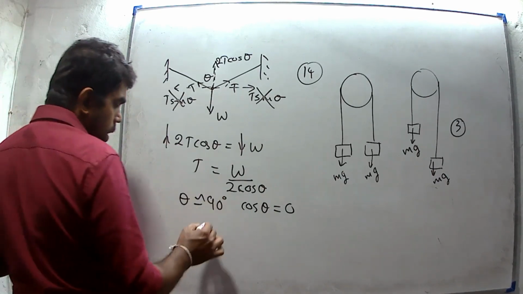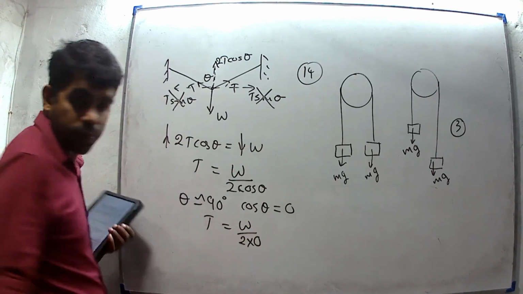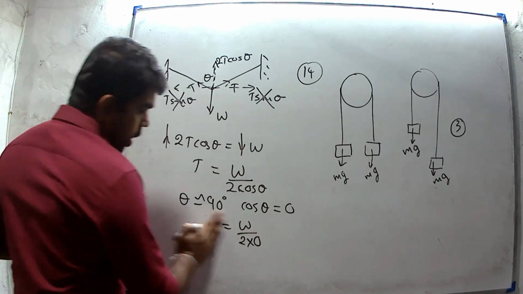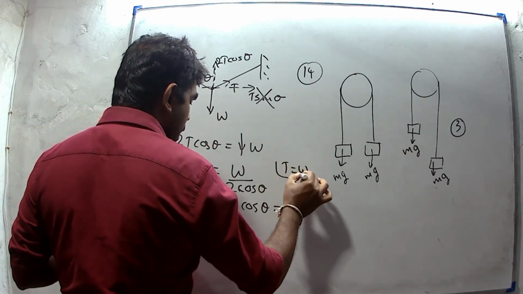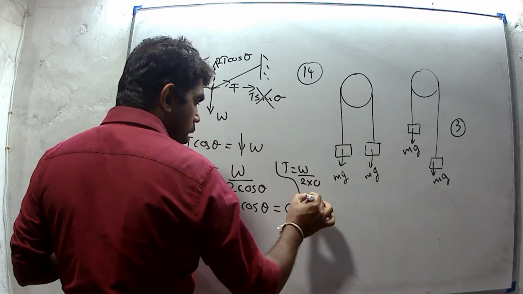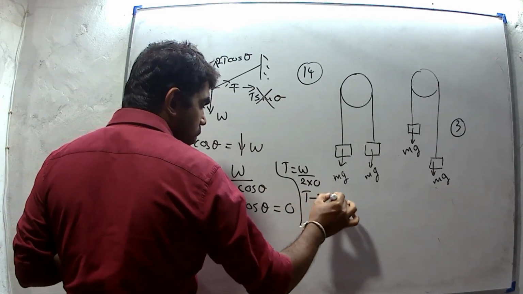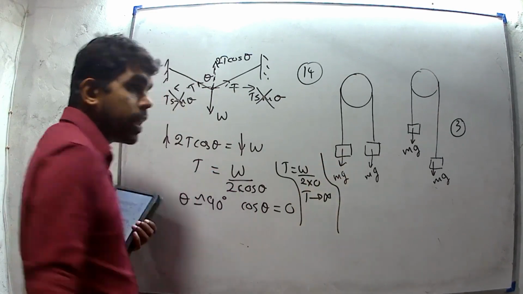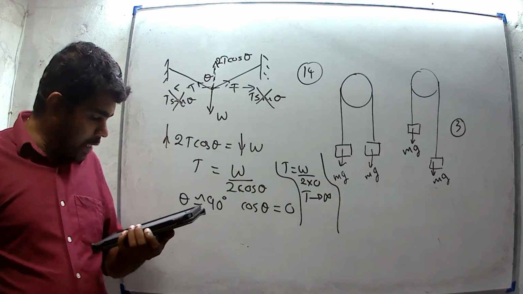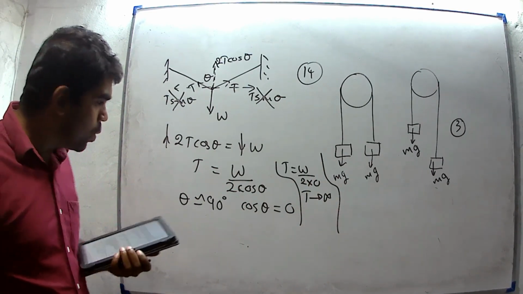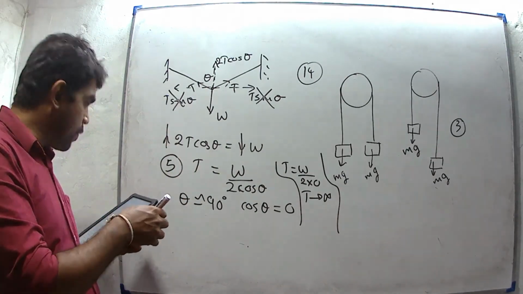Therefore, T equals W divided by 2 into 0. It means we have to divide by 0. Tension should be infinity. Infinity means a greater value. Therefore, tension is much greater than W. Answer 5 is correct for question number 15.